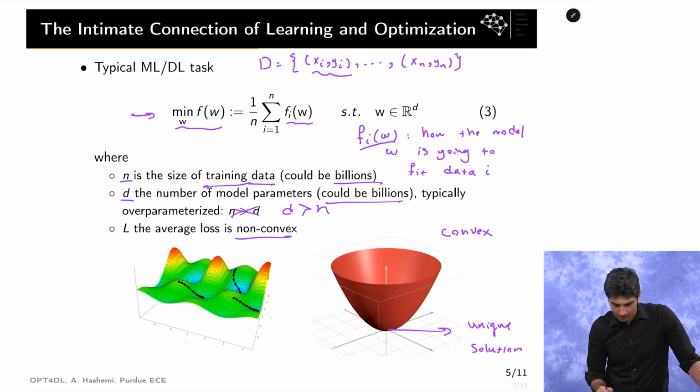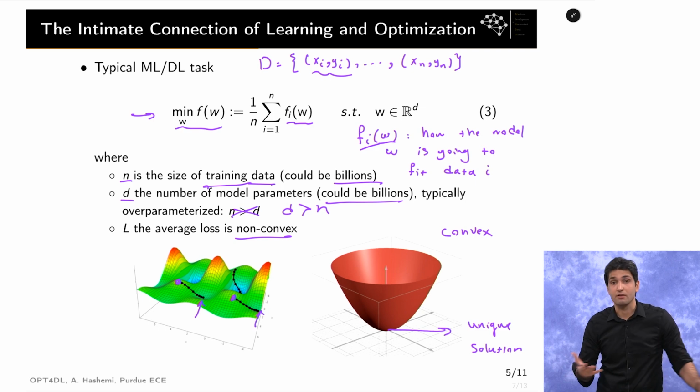For instance, in this figure, if I start my algorithm here, this is the solution that I'm going to find. If I start my algorithm here, I'm going to find another solution. And these solutions are not the same. One could be better than the others. And to understand which one is better or how we can find the best solution, again, we have to notice that we are solving an optimization problem. Therefore, we may want to leverage insights from the field of optimization theory.